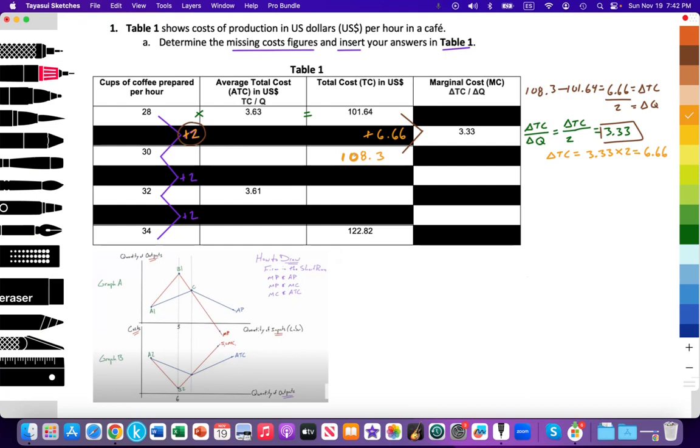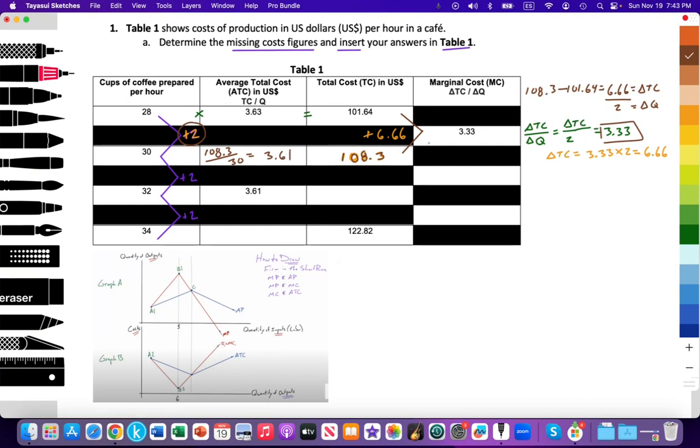Okay, now with this value of 108.3, I can divide that by 30 to get the average. So the total cost is 108.3 divided by 30 cups of coffee. So the average cost per cup of coffee is 3.61.